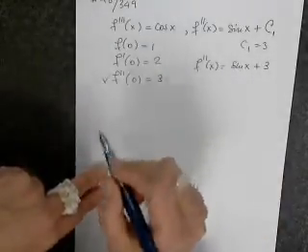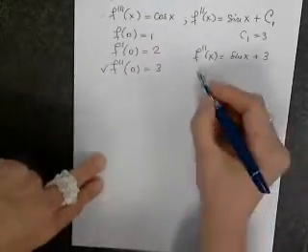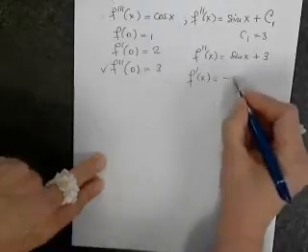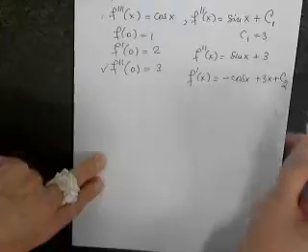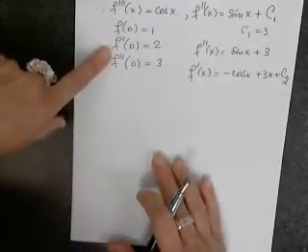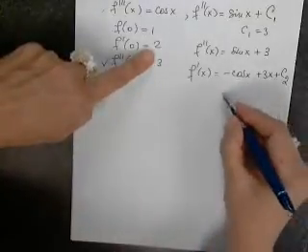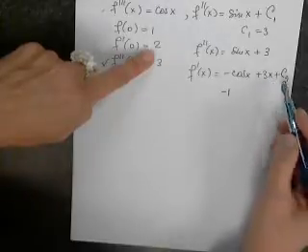So this was done. This I used. So now what do I have to find next? F prime. Negative cosine x plus 3x plus c2. Excellent. I'm told that f prime of 0 is 2. How much is cosine 0? How much is 3 times 0?